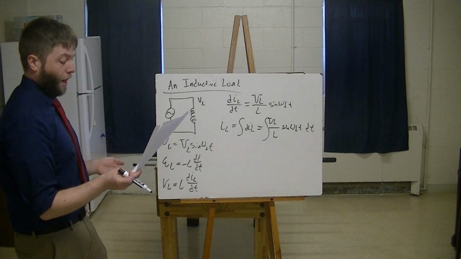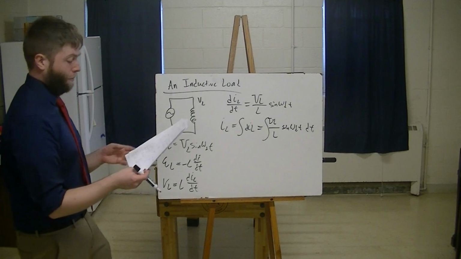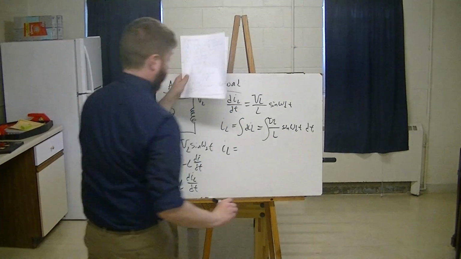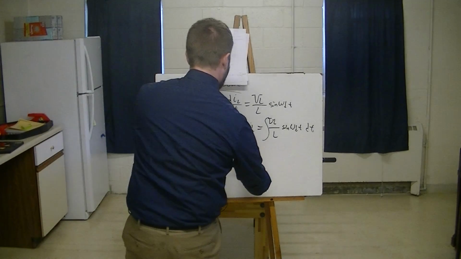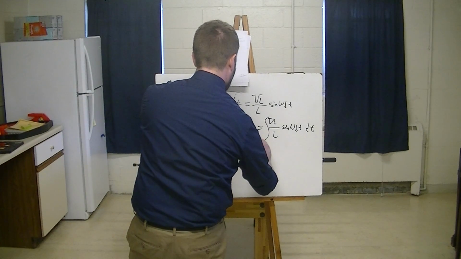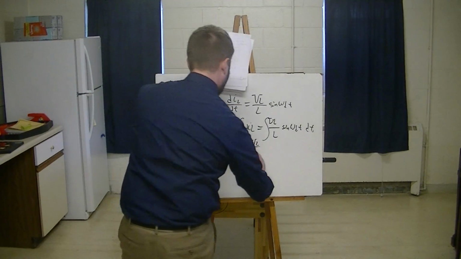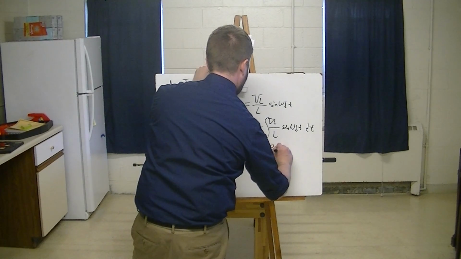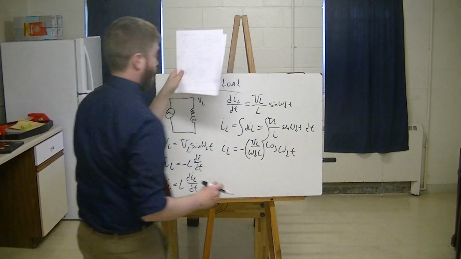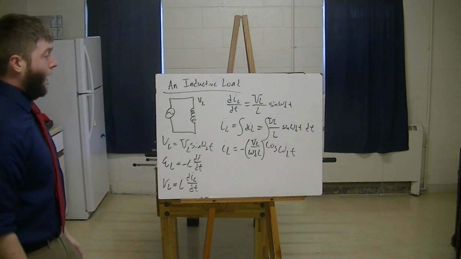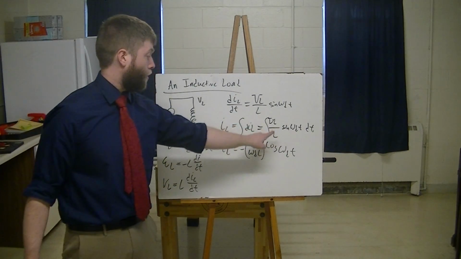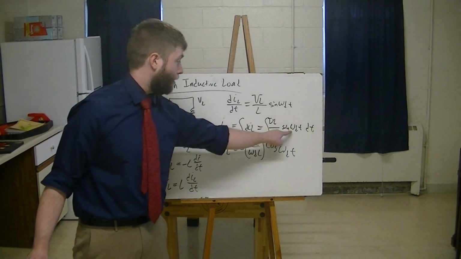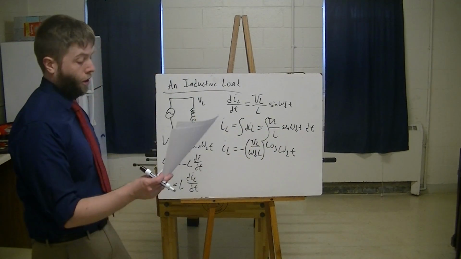When you integrate the sine function, you're going to end up getting a little bit of a mess here, and we get that the current across the inductor is equal to minus VL, capital VL, over omega dL times the cosine of omega dt. Okay? So that's what we got right here. We integrated the sine function. We have to have the omega dL in order to cancel out the omega d that comes out from the integration.